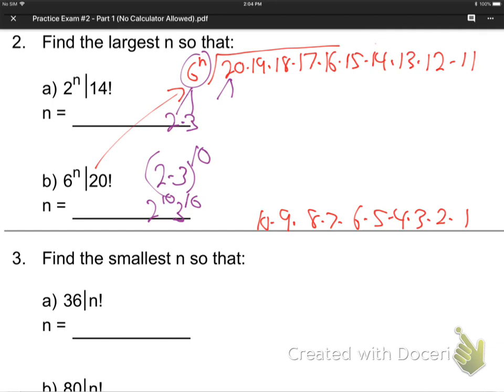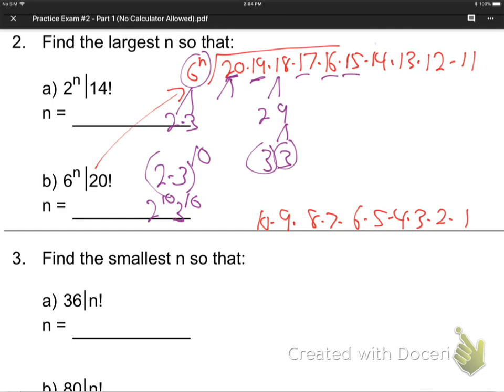So where do I find 3s? Does 20 have any 3s in it? No, 3 doesn't go into 20. Does 3 go into 19? No way. Does 3 go into 18? Yeah. 2 times 9, break 18 down, and 9 is 3 times 3, so there's 2 3s found in the 18. 3 doesn't go into 17. 3 doesn't go into 16, not evenly.